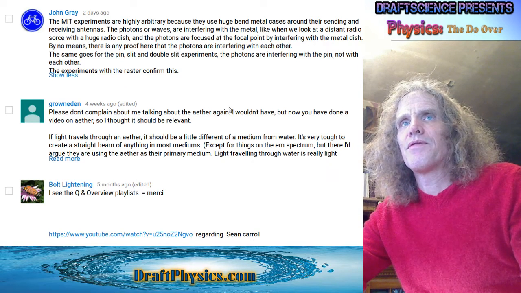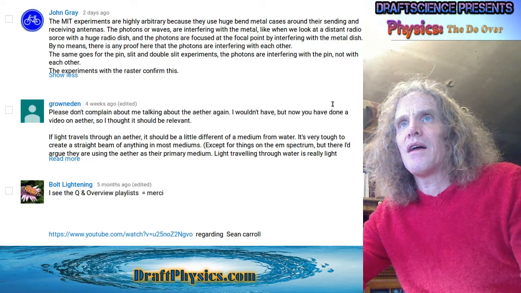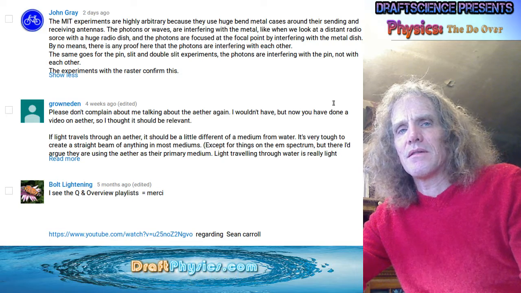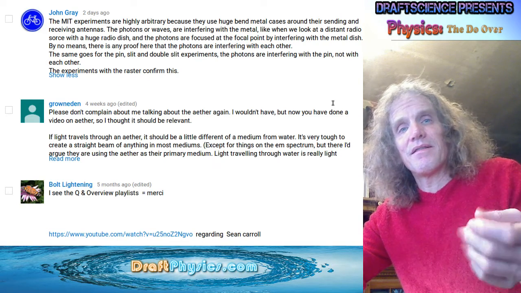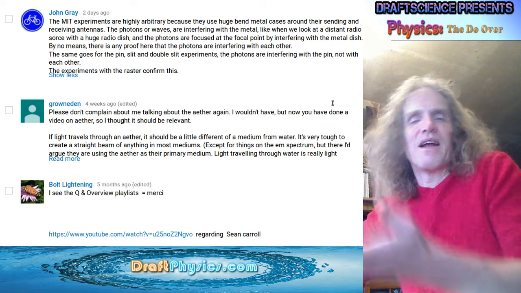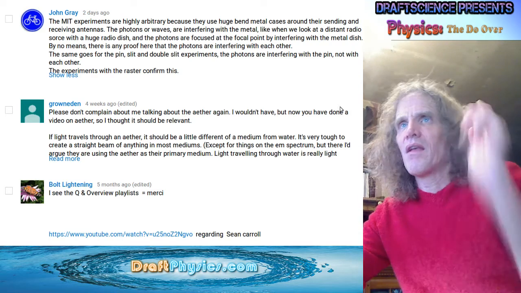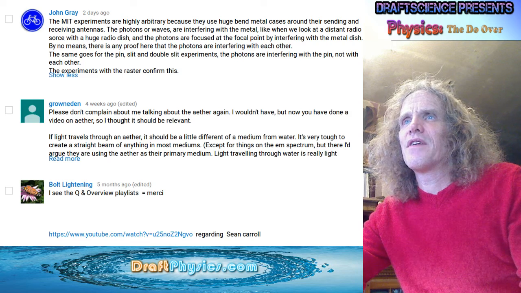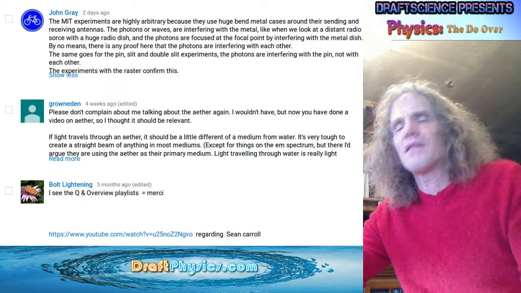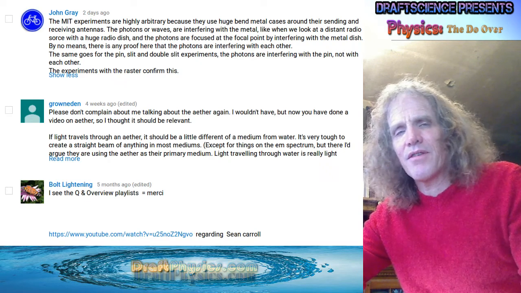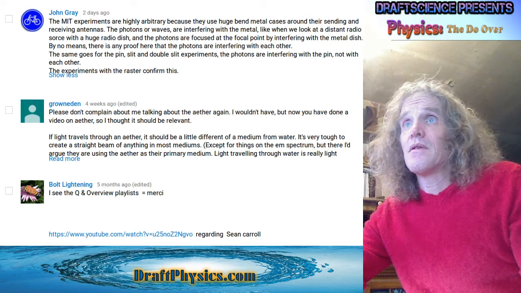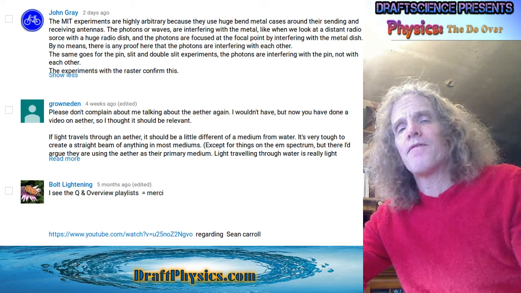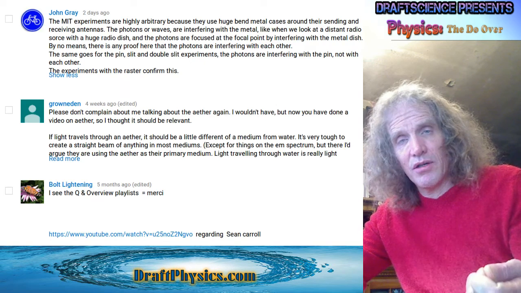The same goes for the pin, slit, and double slit experiments. Well, I separated the experiments for a reason, because the ones with visible light are very different than the ones with radio waves. The photons are interfering with the pin. Again, they're not interfering with anything. They either hit something or they don't hit something. Forces, energy.